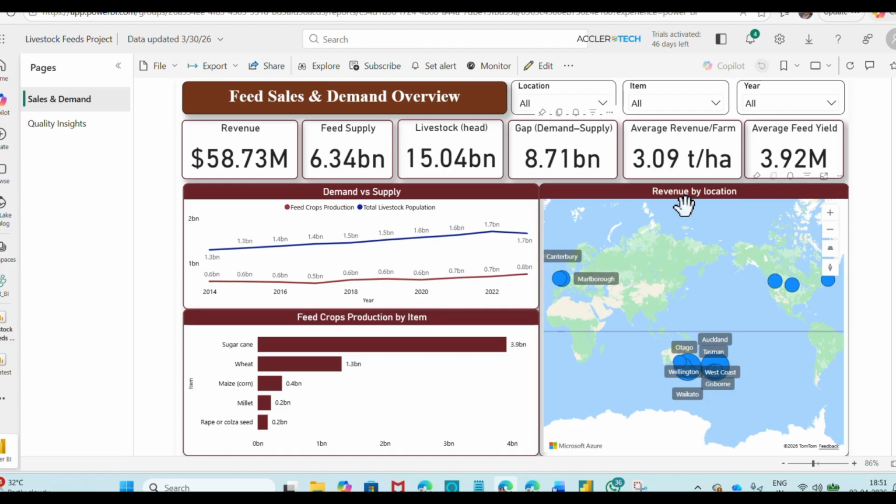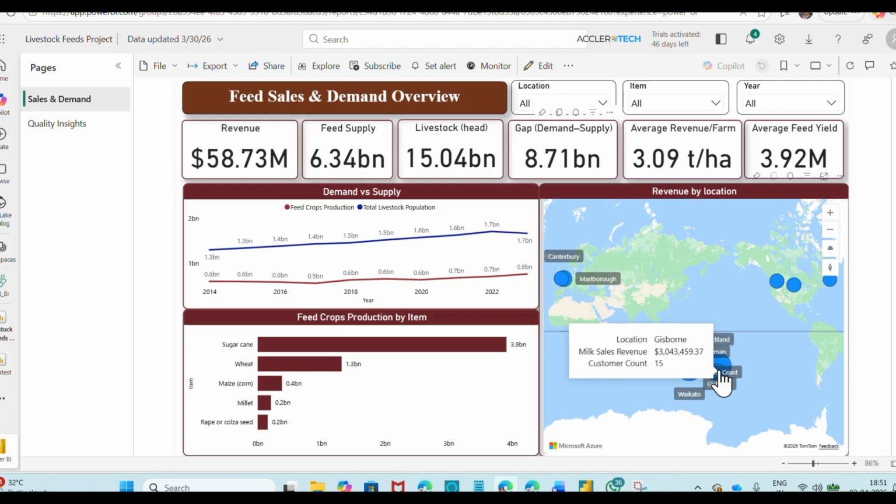The next one is the revenue by location, which is a regional view that adds a geographical dimension, showing how the demand and performance vary across different locations. As we can see here, the demand is distributed over different locations, and we can see the milk sales revenue for the place Gisborne, and the customer count for that location.